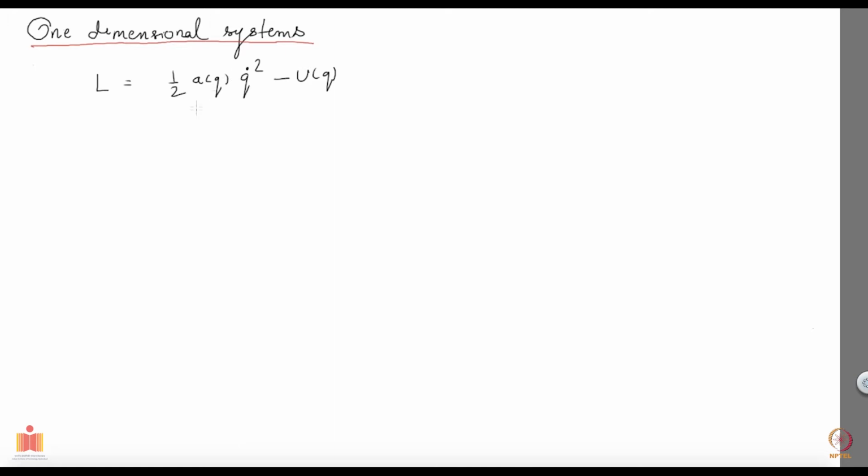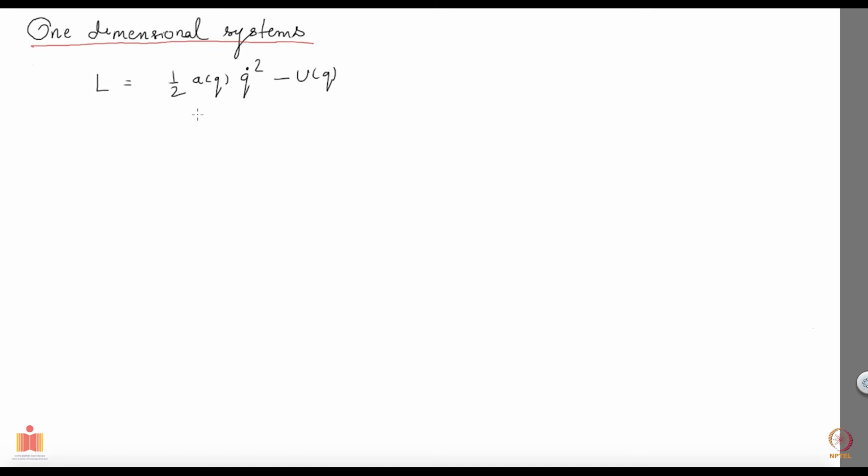Now here you see the time does not appear in the Lagrangian the way I have written it, which means that this will have an integral of motion, or what we call Jacobi's integral, which will be a conserved quantity.